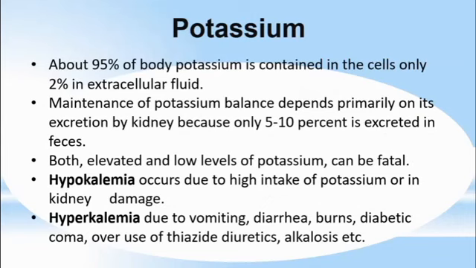About 95% of body potassium is contained in the cells, only 2% is in extracellular fluid. Maintenance of potassium balance depends primarily on its excretion by the kidney, because only 5 to 10% is excreted in feces. Both elevated and low levels of potassium can be fatal.